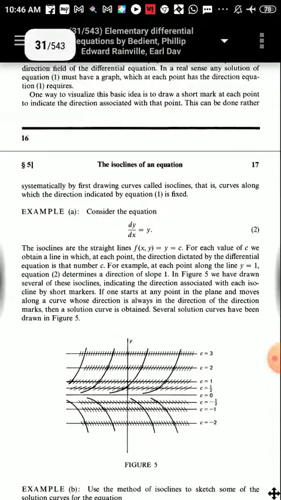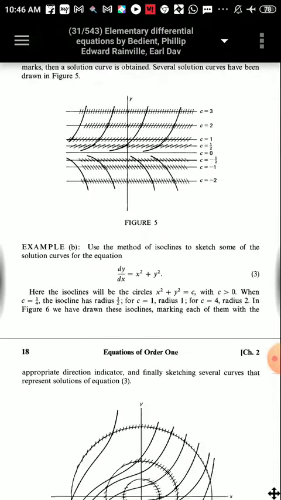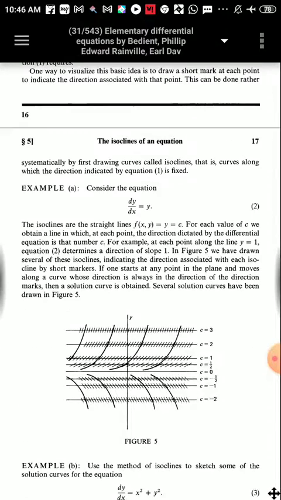Let us consider one example. Consider the equation dy by dx is equal to y. The isoclines are the straight lines f of x comma y equal to c, that is, y equal to c.